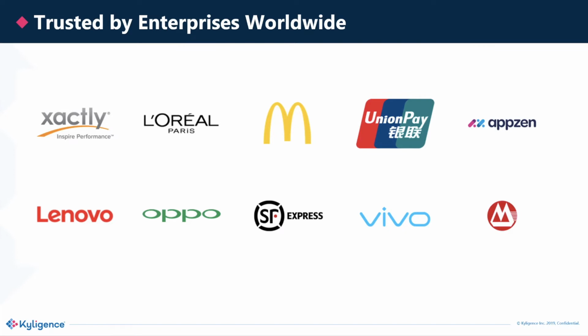Kyligence has enabled these organizations and their analysts and users who are using Excel to become conversant with the data. They can work on larger sets of data and provide that kind of analytics to the end users and the organization, and take full advantage of the investment the organization has made in big data.